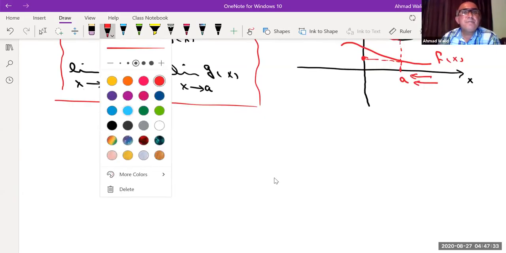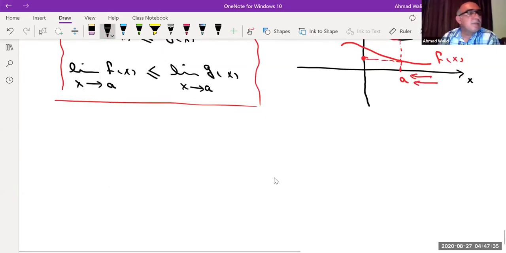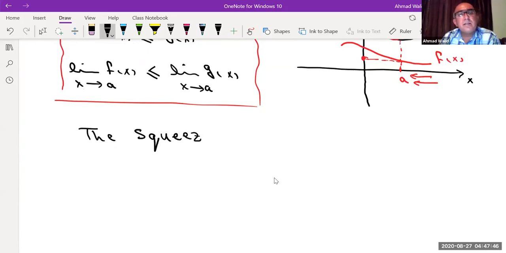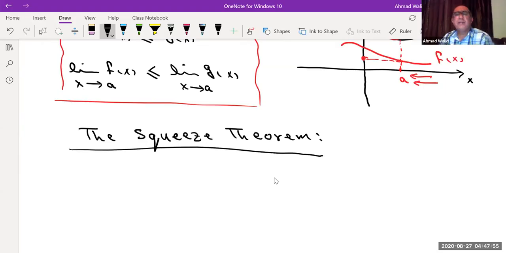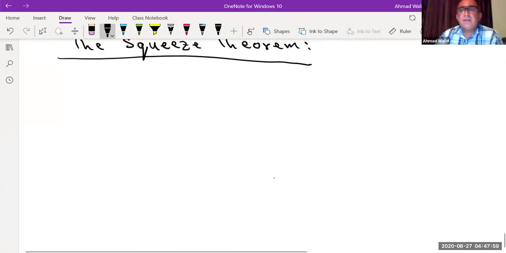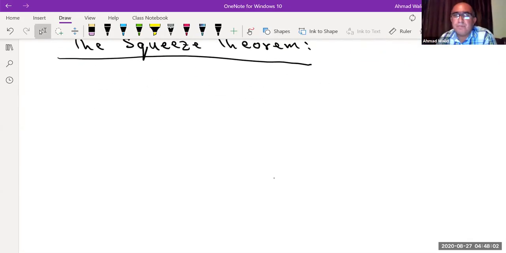Next theorem is the squeeze theorem. What is the squeeze theorem? Consider three functions now. Let me graph it for you.